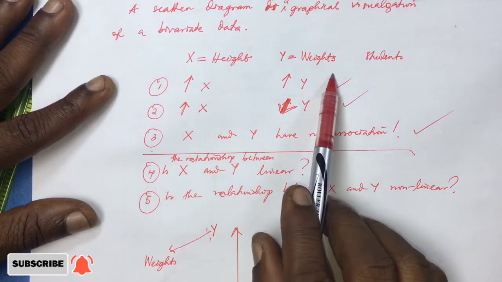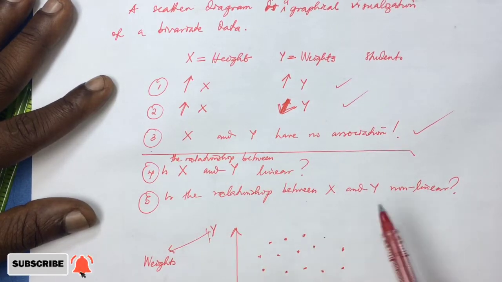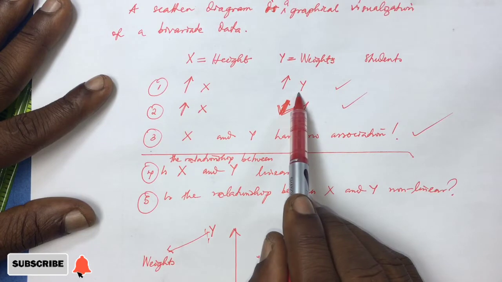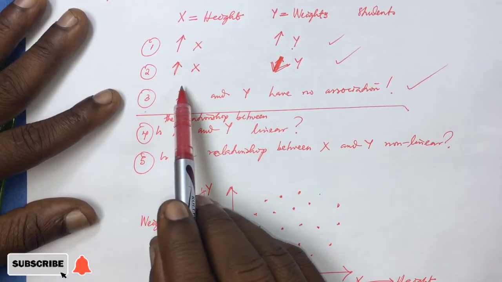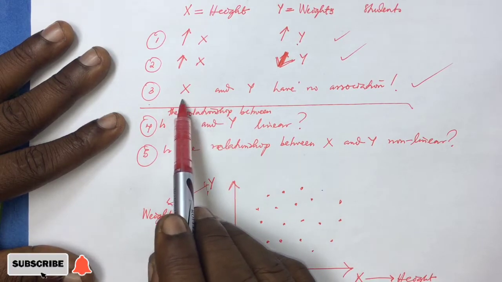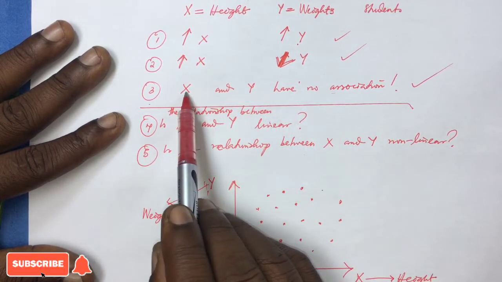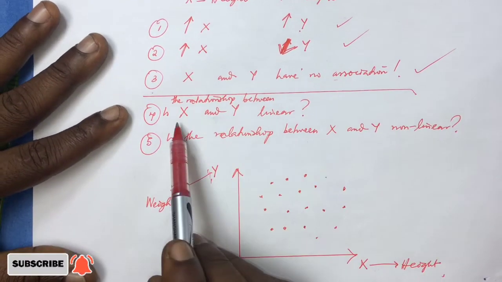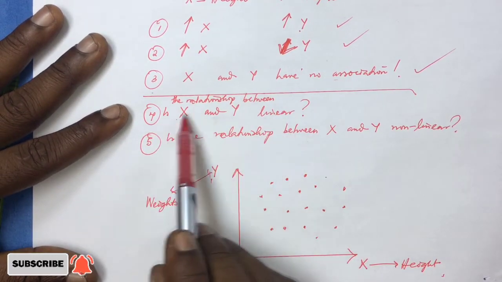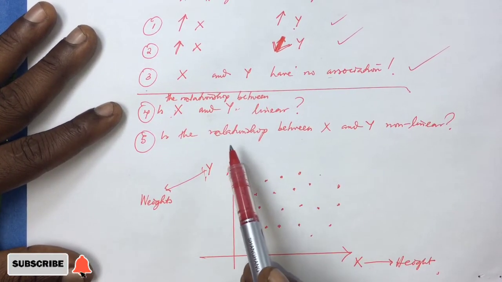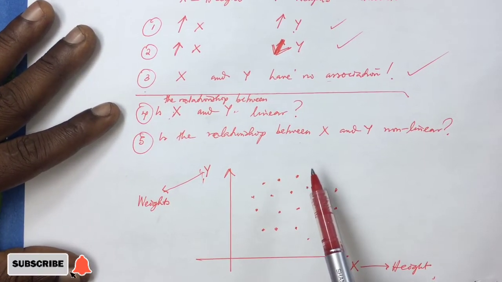What a scatter diagram will do for us is to tell us whether or not an increase in x will cause an increase in y, an increase in x will cause a decrease in y, or a relationship between x and y exists or does not exist at all. Or it may show us that the relationship that exists between x and y is linear, or that it is non-linear.